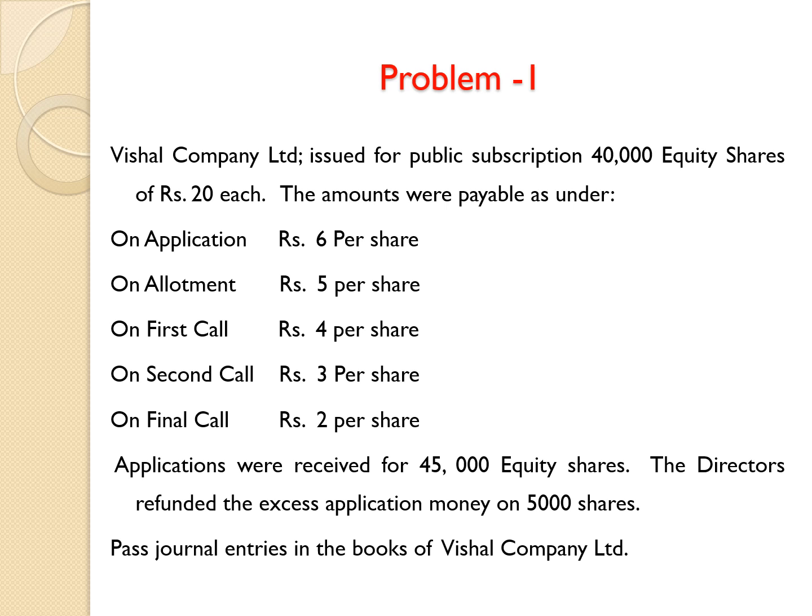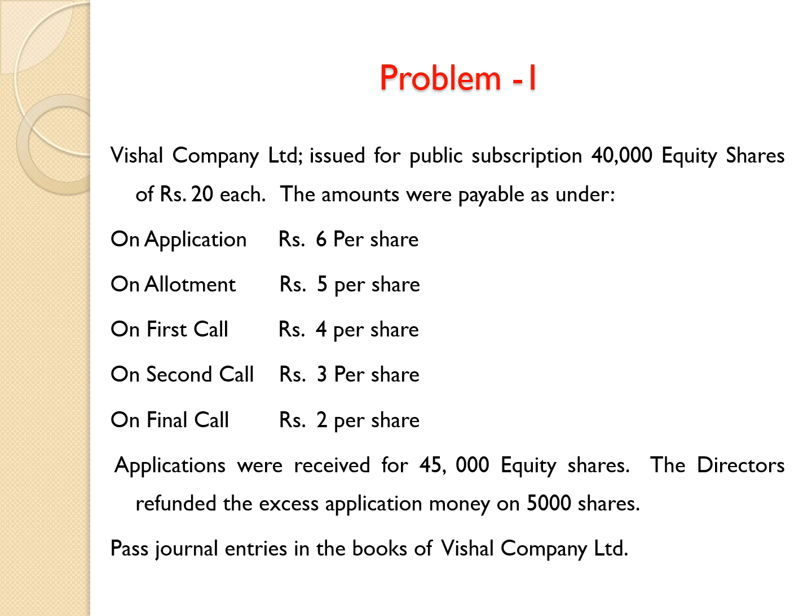We are going to issue 40,000 equity shares, but actually applications were received for 45,000 equity shares. It means that this case is termed as oversubscription. The directors refunded the excess application money on 5,000 shares.